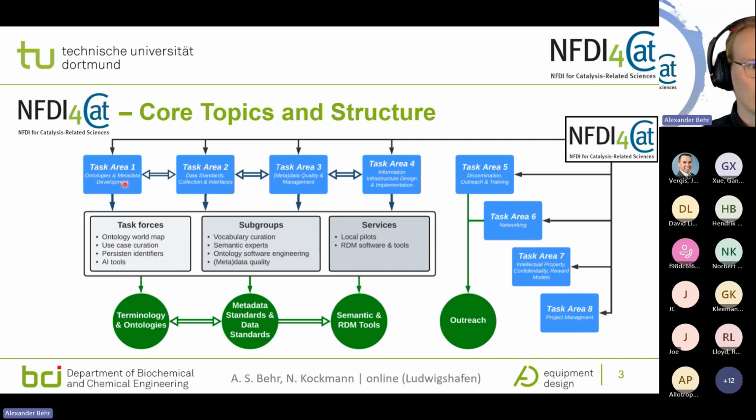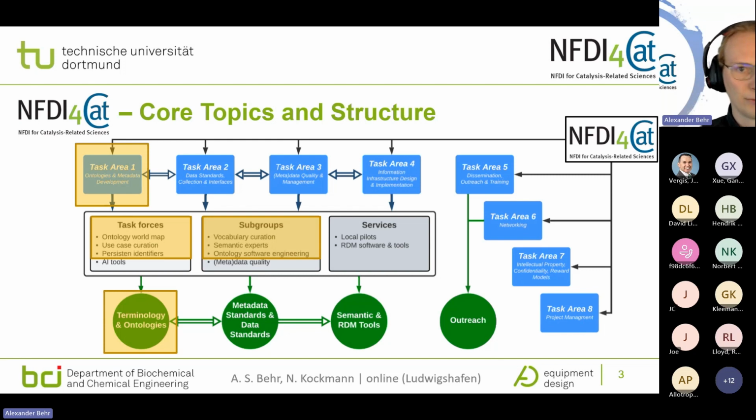Here you can see how many task areas we have, and basically what I'm coming from is task area 1, which deals with ontologies and metadata development. We also have task areas dealing with metadata quality and management, data standards, information infrastructure, and dissemination, as well as networking and IP and so on. But our main focus, and when I'm talking about we, I'm also talking about Professor Kockmann, who's also in the auditorium right now, and about Henrik Borgelt, a colleague of mine from TU Dortmund University.